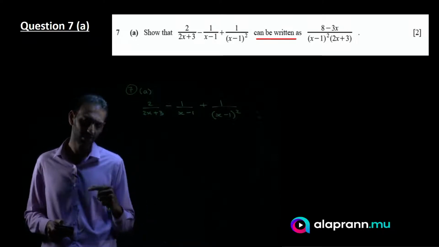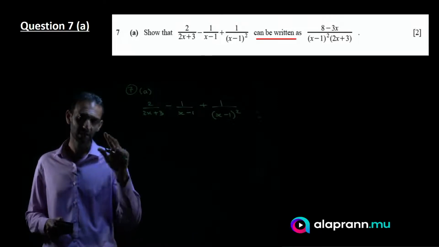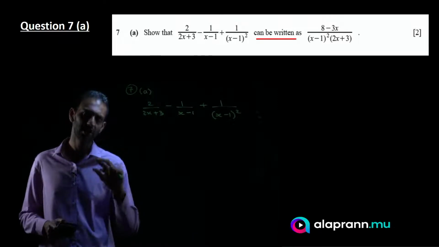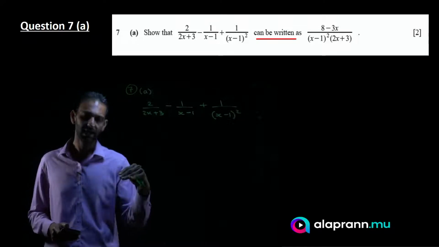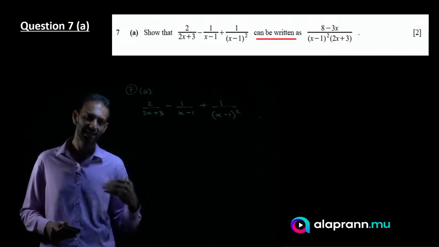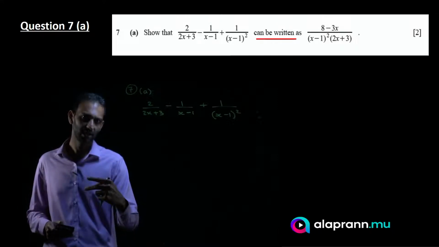Question number 7, if you have done a few past papers, these are new styles of questions which Cambridge is incorporating in the paper. Doing LCM at the first stage, and then the second part is integration.